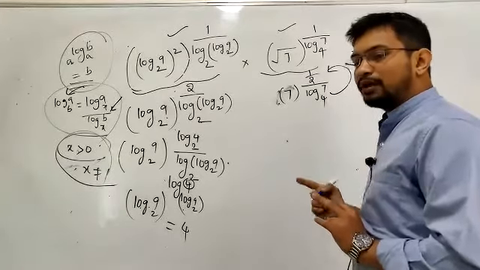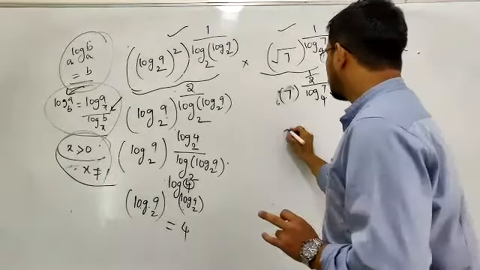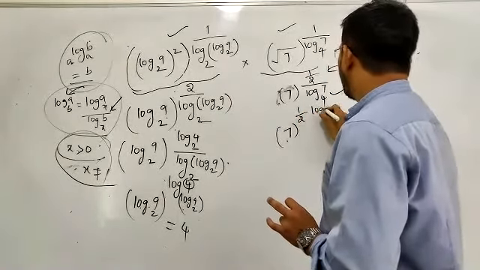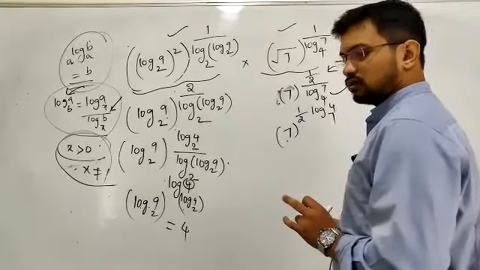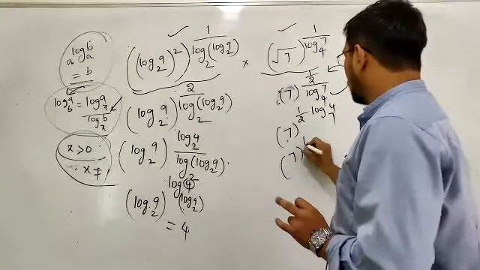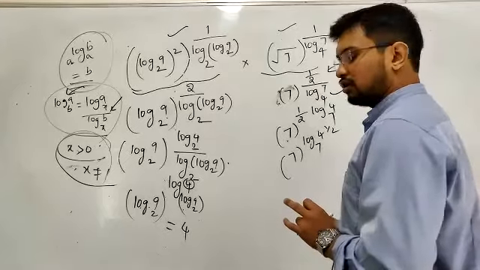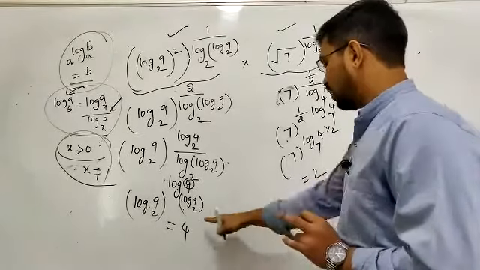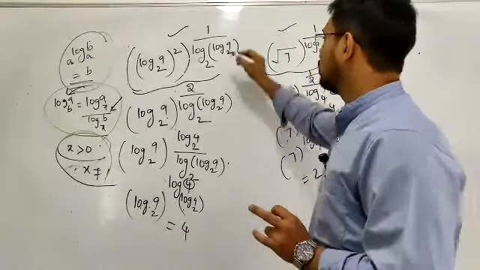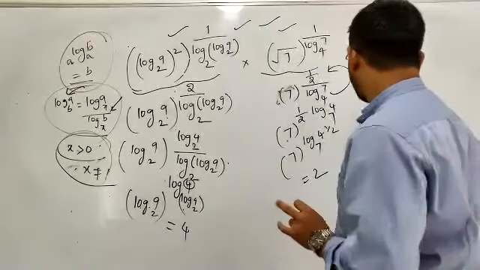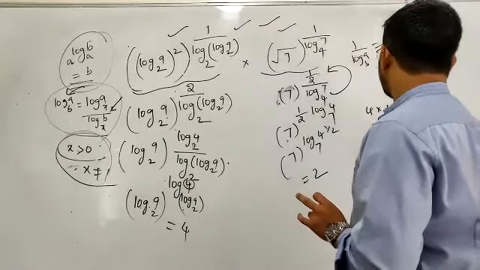This is also a property which we have already discussed. So this problem becomes 7 power half of log 4 to the base 7. So this is 7 power log of 4 power half to the base 7. So this is 2. One problem gives 4, the other 2. So they're asking you, this is a separate problem and this is a separate problem based on the property. So your final answer will be 4 into 2, which is 8.